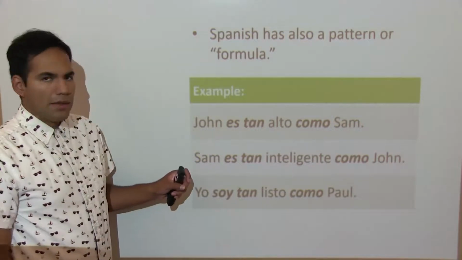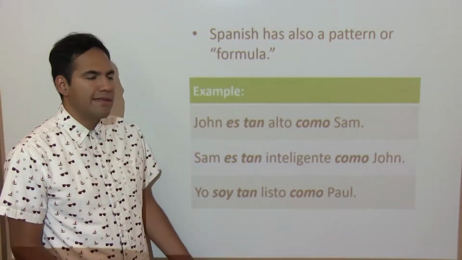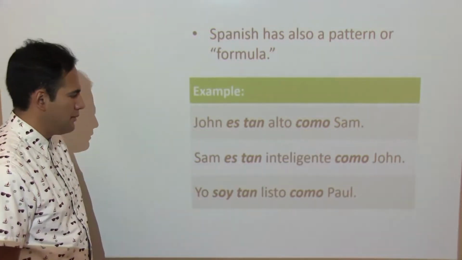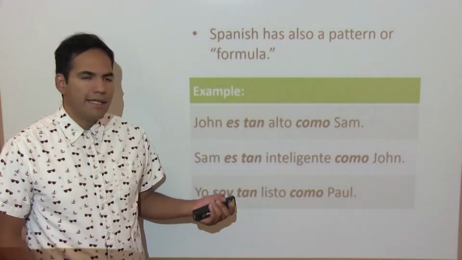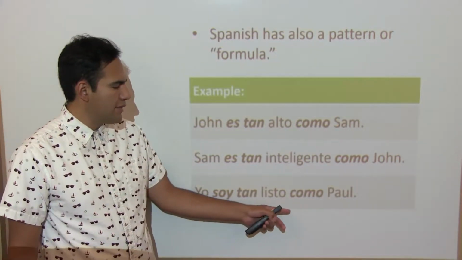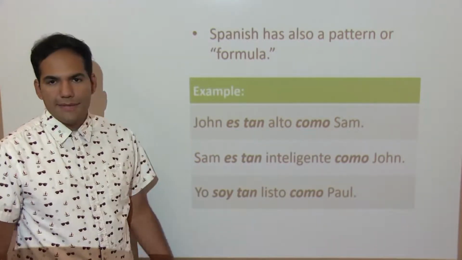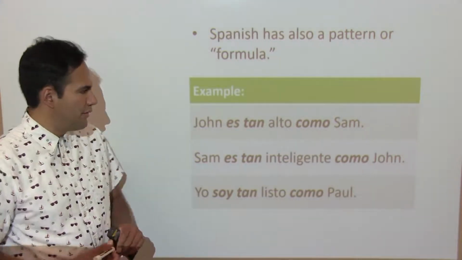Okay, so let's review this together. The first one, John es tan alto como Sam. Sam es tan inteligente como John. Y yo soy tan listo como Paul. Okay, so let's look at the same components and see how they all fit.